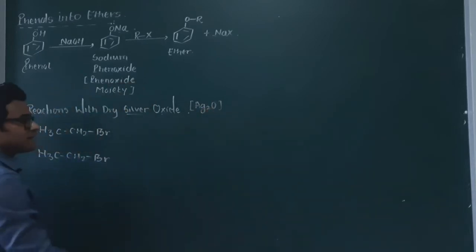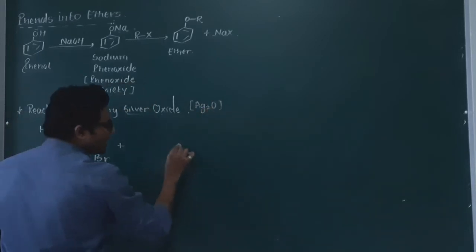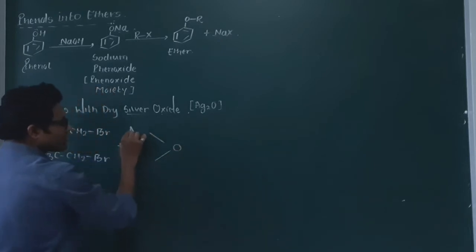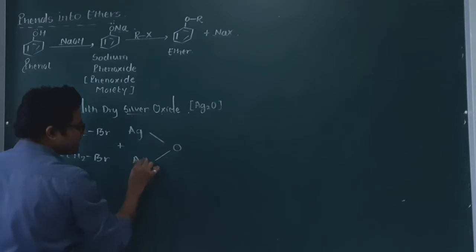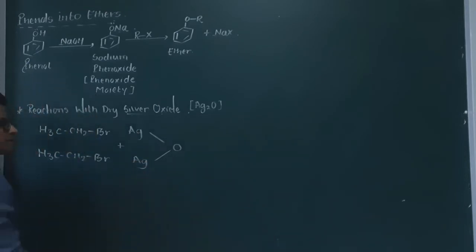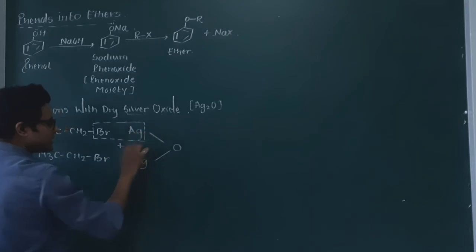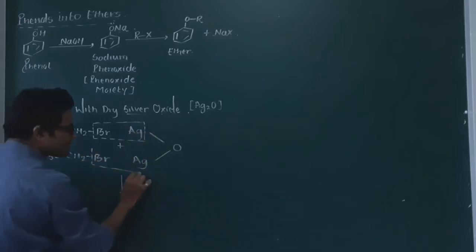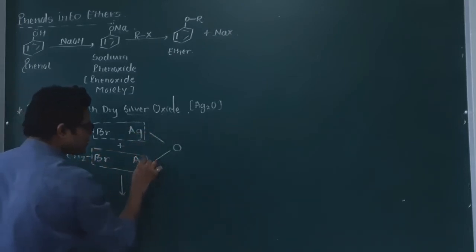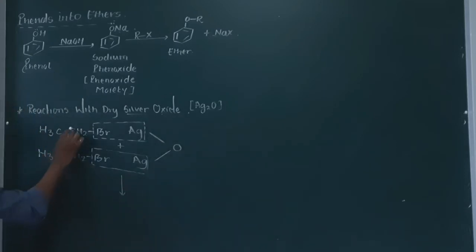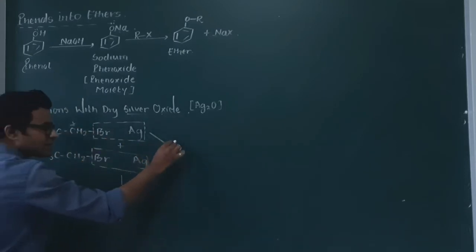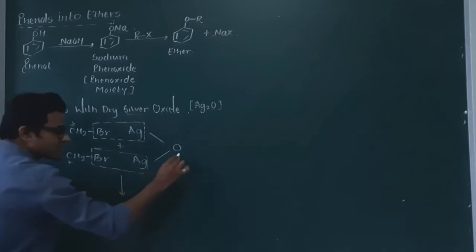Please understand the representation. I'll take one oxygen over here, with these bonds, and Ag here and another Ag here. When this reaction occurs, this bromine and this silver get connected, and this bromine and this silver get connected. What remains is this carbon connected to this oxygen, and this carbon connected to the oxygen.